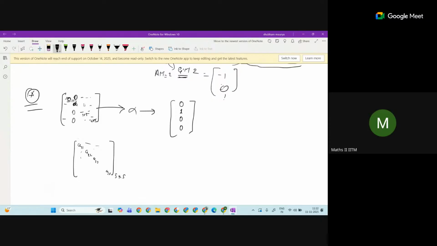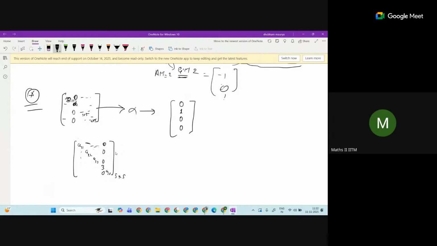I don't care about all these entries. But here, some non-zero number is there at the fourth place. Let's say here is 3. And above all are 0, and below is also 0.